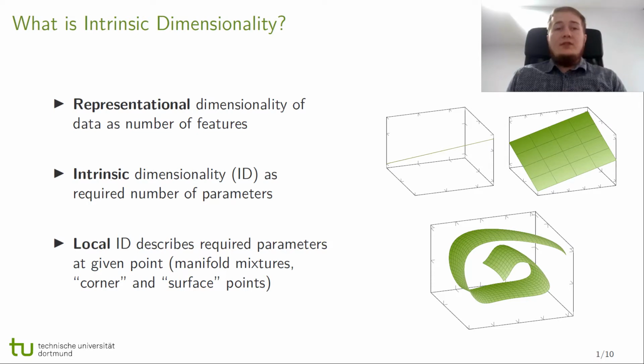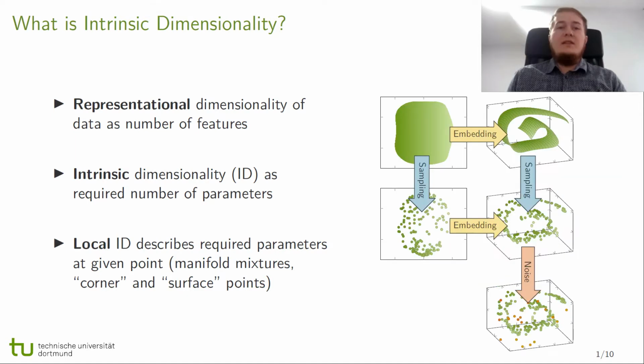That, of course, is only reasonable if we assume our data to be generated by a process like this and require certain assumptions on the embedding function and data distribution, which will be discussed later. To summarize, we assume that our observed data is a noisy embedding of samples in some parameter space.